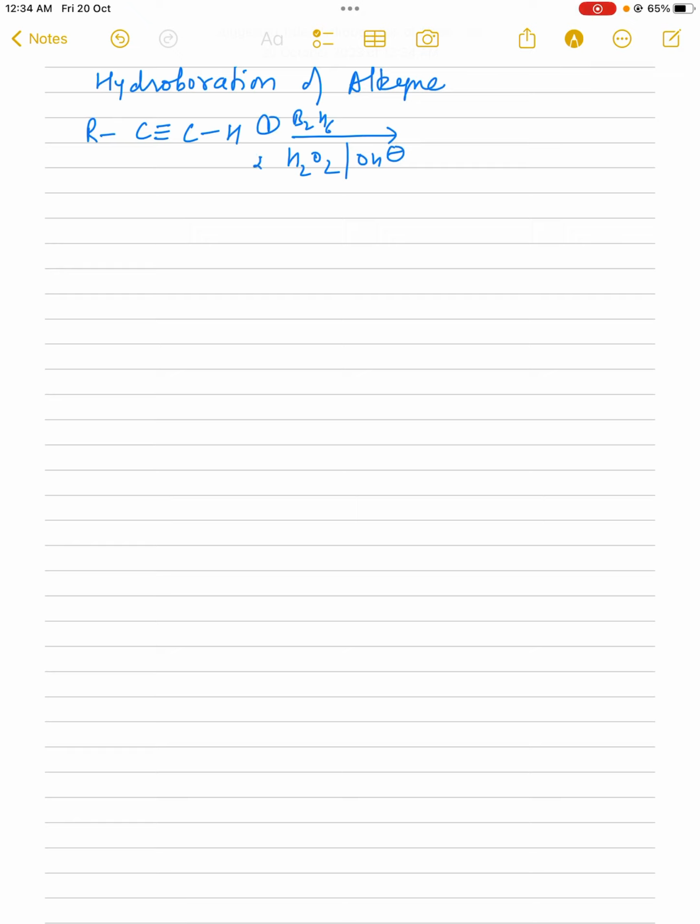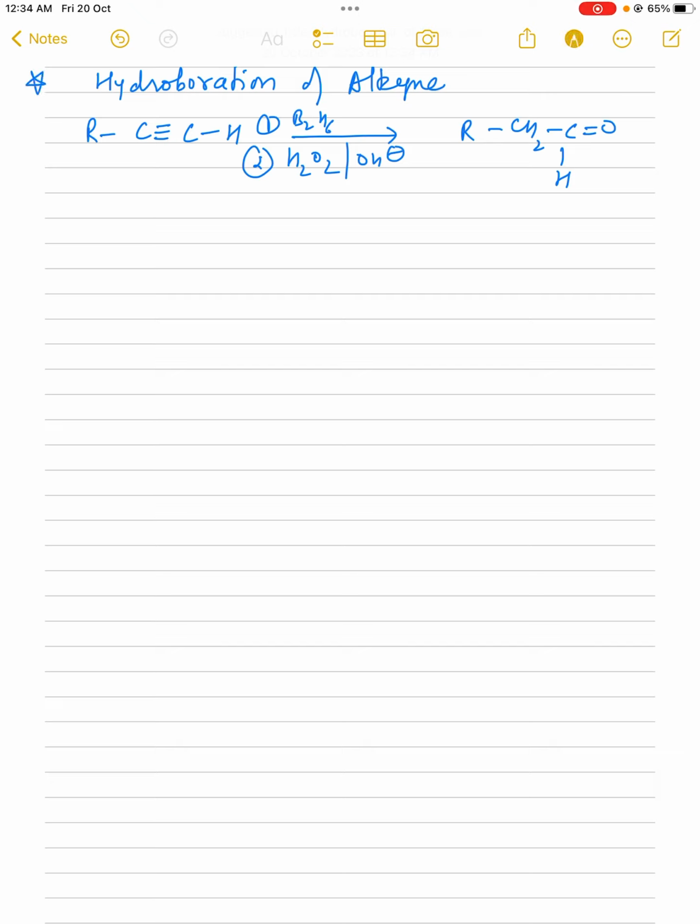This is first reagent, this is second one. So we will end up with the product RCH2 C double bond O, and this is H. So this is hydroboration of alkyne.